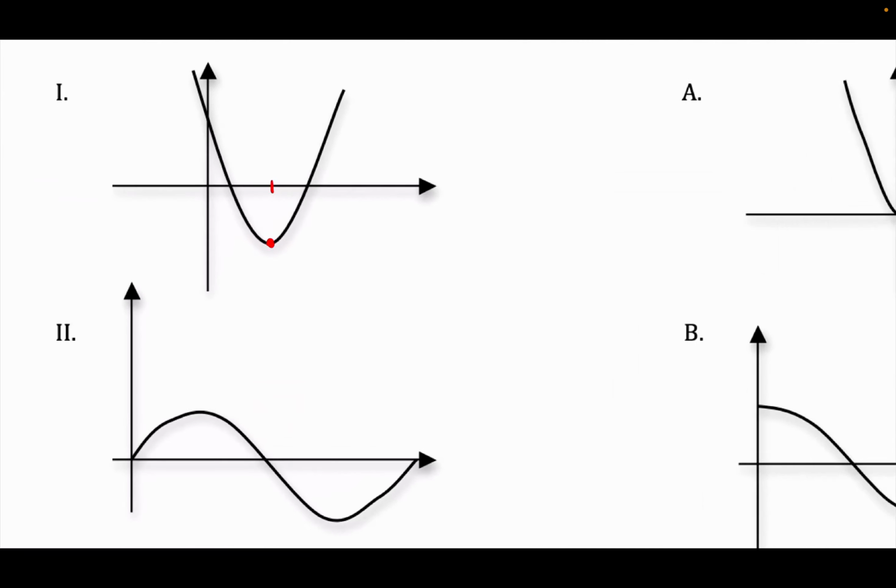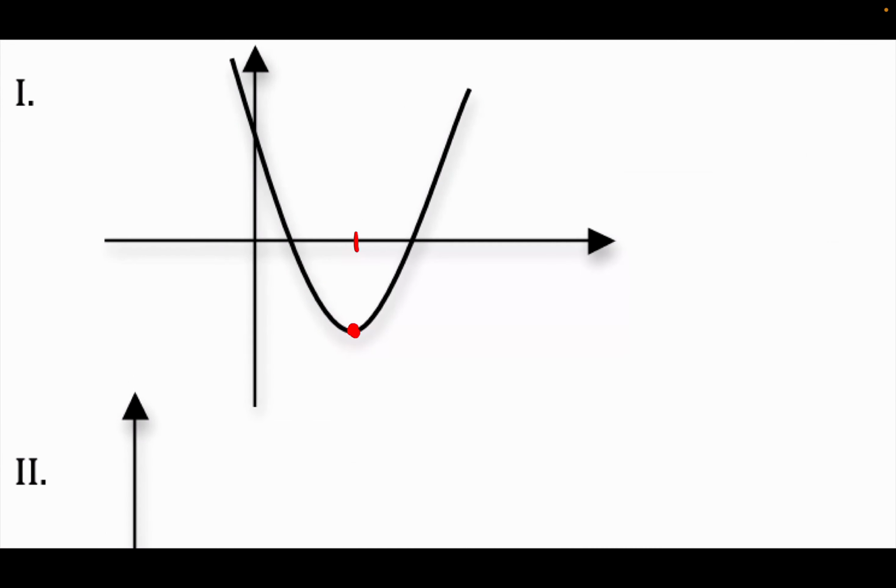So its derivative is 0, right? So where should that reflect on the derivative graphs? What should happen at this value here on the other graphs?